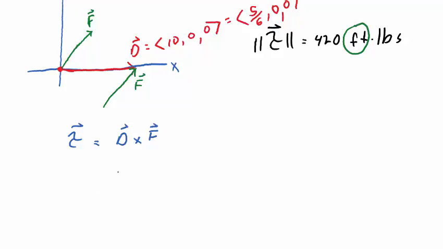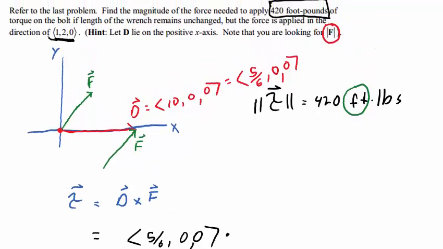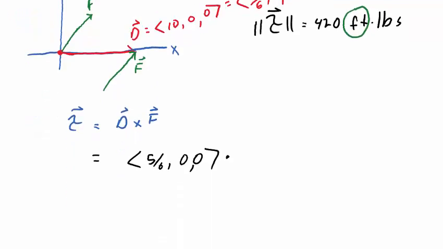Okay, well, let's see, what would d cross F be? D is the vector 5/6, 0, 0. And F is, well, we don't actually know. But we do know that F is a scalar multiple of the given vector 1, 2, 0. So we could say F is maybe C, for the scalar, times the vector 1, 2, 0.